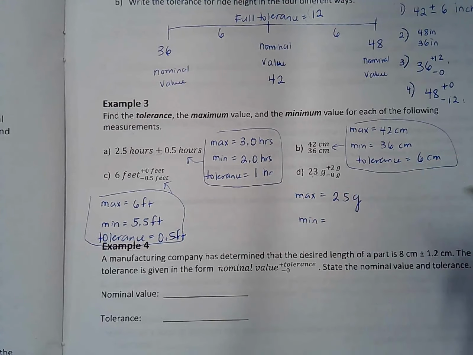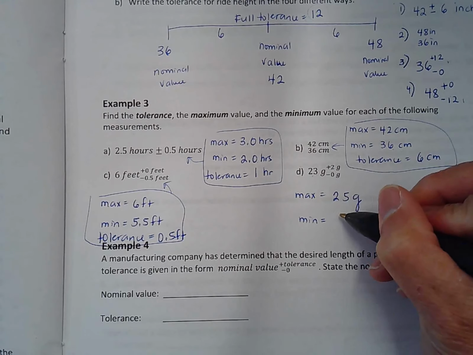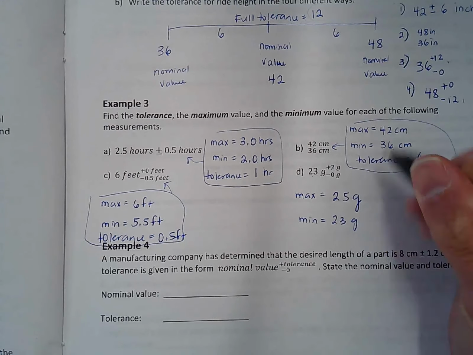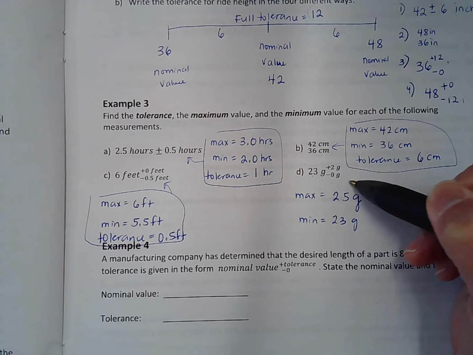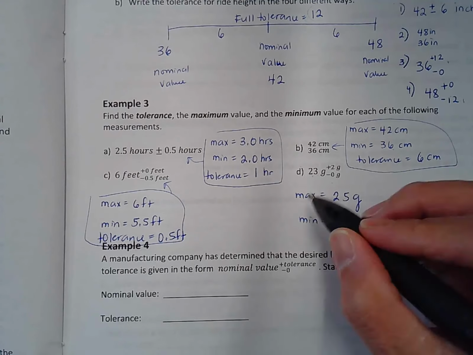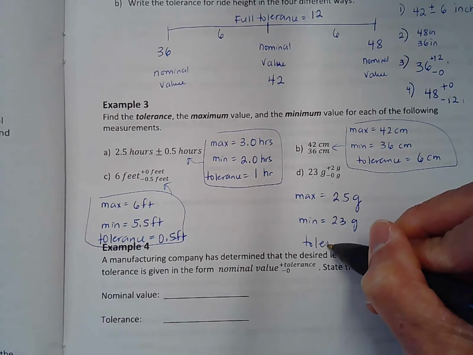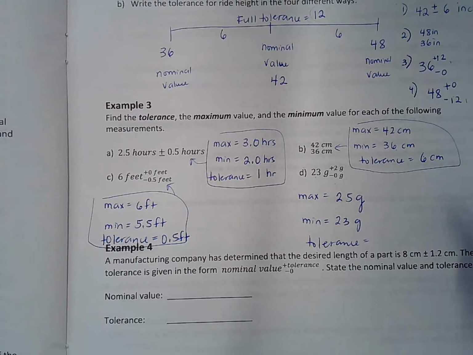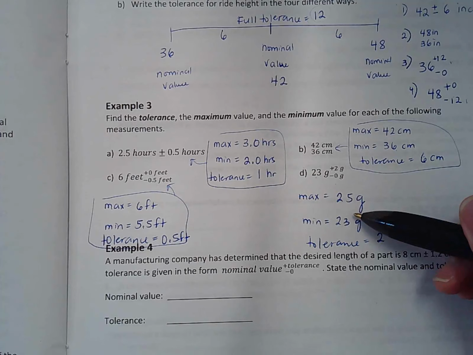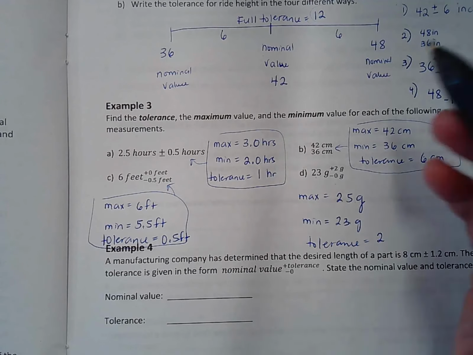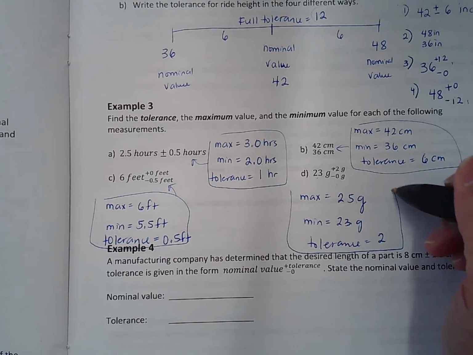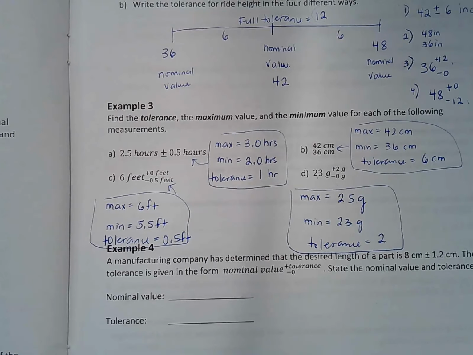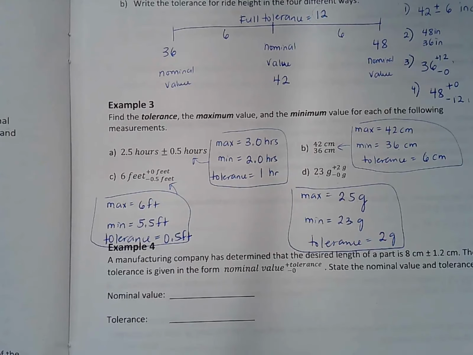What's the minimum? 23 grams, because it's 23 minus 0. And what's the full tolerance? 2, because it's a spread from 23 to 25. That means you're allowed 2 grams between the minimum and maximum. Is that okay?